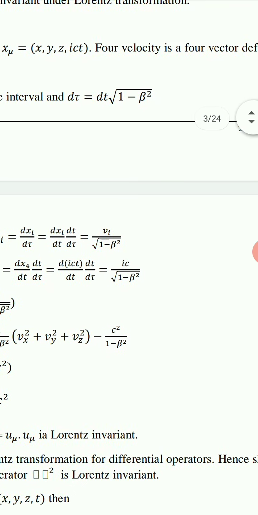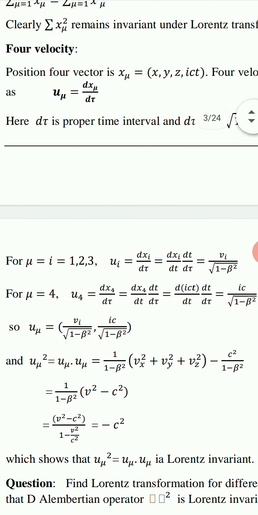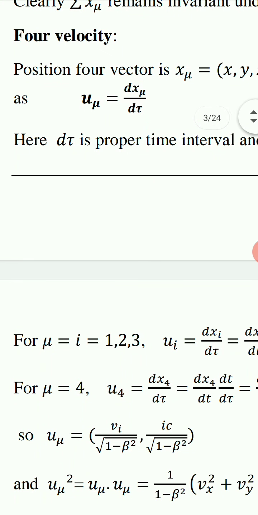The four velocity is a four vector defined as u mu equal to dx mu upon d tau. x mu is the position four vector and d tau is the proper time interval.